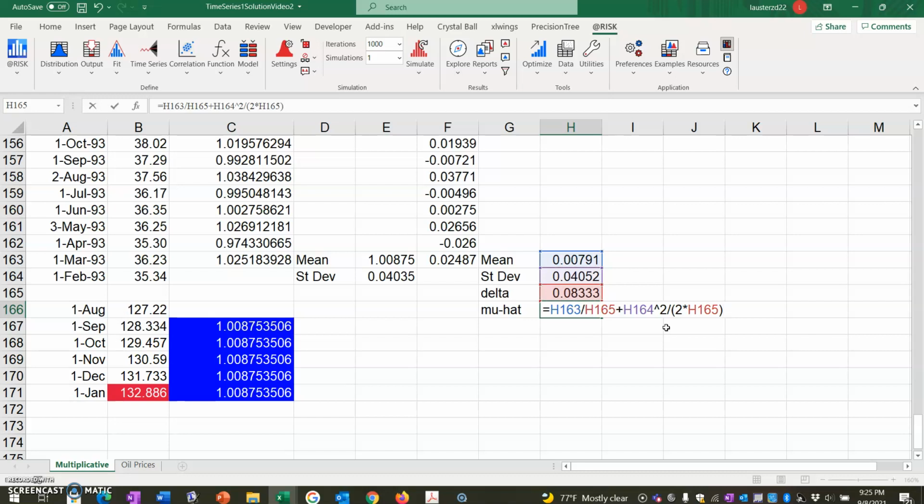So that is the estimate mu hat of the rate of return parameter. Sigma hat, the estimate of the volatility parameter, is sigma divided by the square root of delta. So the standard deviation of the sample additive returns divided by the square root of delta.